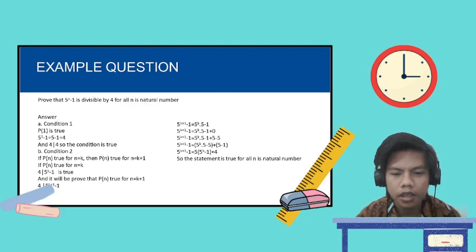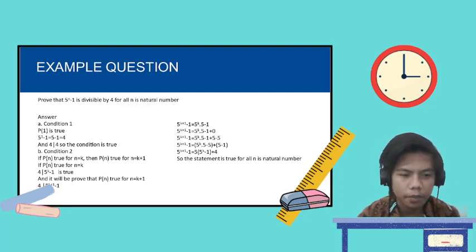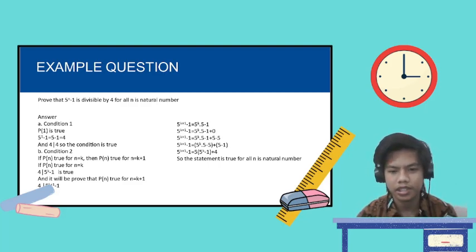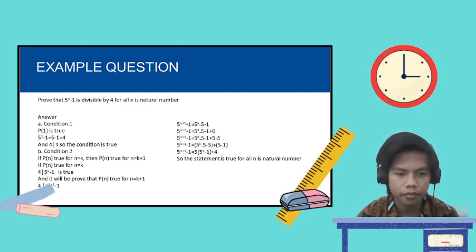And we know that 5 to the power of k minus 1 is divisible by 4, because that is Pn true for n equals k, and 4 is divisible by 4, and so the statement is true for all natural numbers.